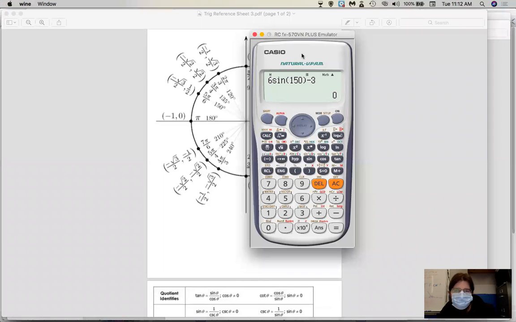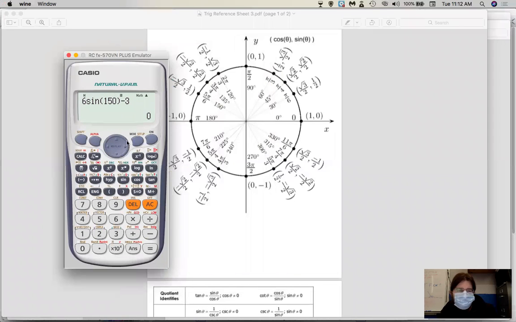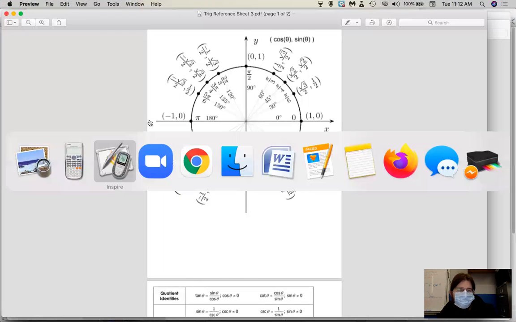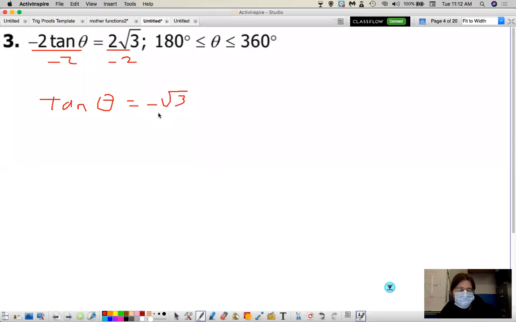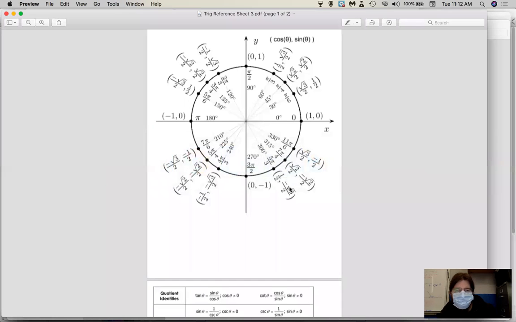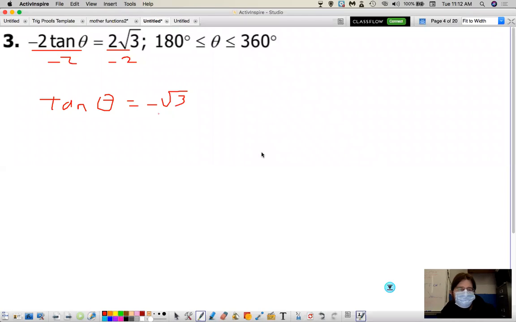Calculator. Negative square root of 3 over 2 divided by a half. And indeed, we get negative square root of 3. That's what we're looking for. So tangent of 300 is equal to negative square root of 3.